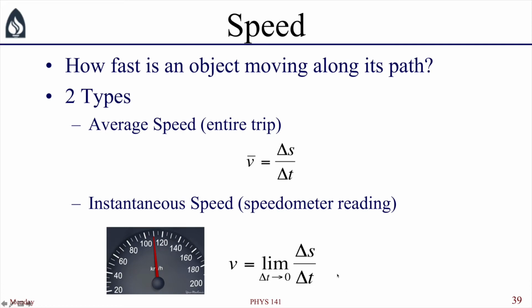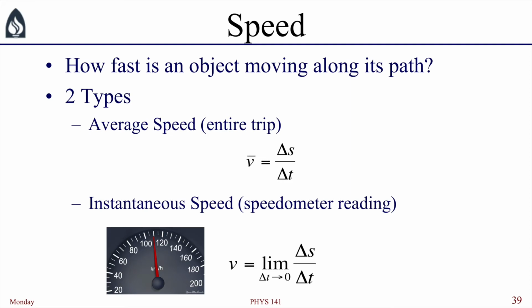With average speed, you could be averaging over a very long period of time. For instantaneous speed, you want to consider your speed at any instant, so over a very, very short time interval. And that's what's meant by this. We're taking the limit as the time interval becomes very, very small. So for instantaneous speed, your speed at any instant, you would want to use a very small time interval to calculate speed.